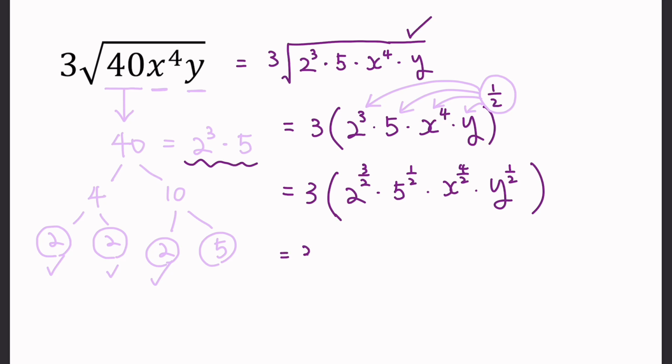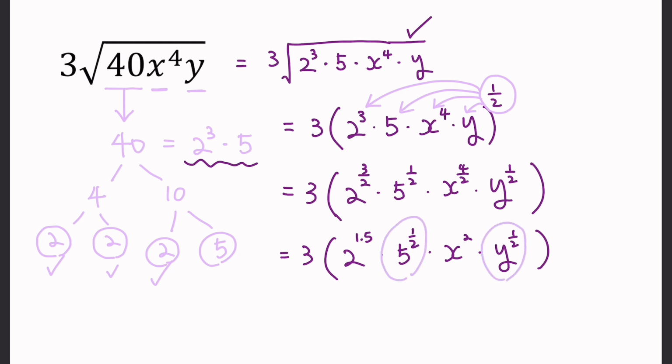Let's go ahead and simplify. I have 2 to the 1.5, 5 to the 1/2, x squared, and y to the 1/2. Now, the numbers with powers of 1/2 will turn back into square roots.